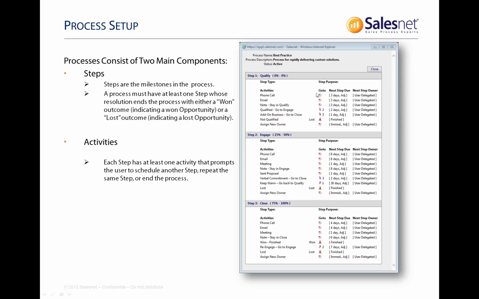So we want the activity recorded, but it wasn't an activity that would make that opportunity be reflected as being in another stage. It's not until they actually, in this setup, say, okay, this is definitely qualified, move me on to the engage stage. They can pick that activity and put their notes in about why it's qualified. And then after recording that, the opportunity is automatically in the engage stage. So it's almost like the users are picking their own way.